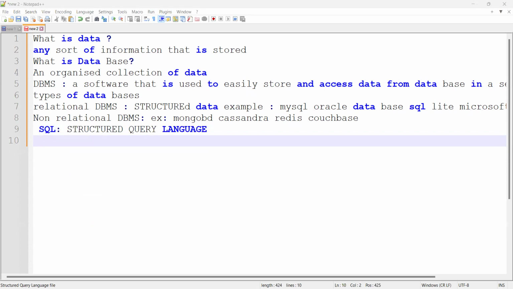It is a standardized language which is used for managing relational databases. It is widely supported by various database management systems like MySQL, Oracle Database, Microsoft SQL Server, and so on. All of these use SQL.